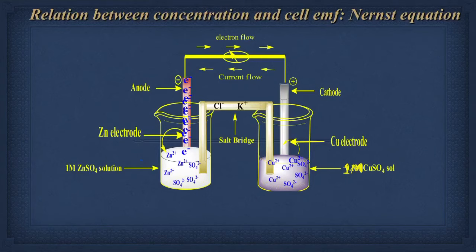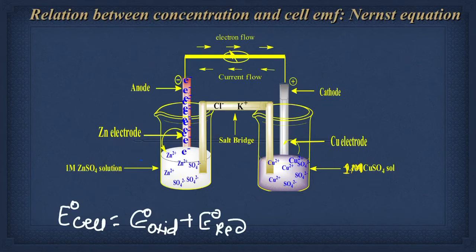We already solved a number of problems based upon the calculation of the EMF of the cell. So we use the formula E standard cell is equal to E standard oxidation plus E standard reduction. If you have the standard oxidation potential as well as the standard reduction potential, we can easily calculate the standard EMF of the cell.